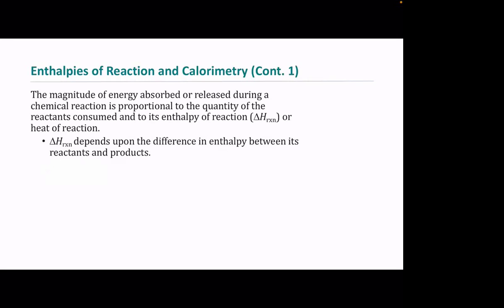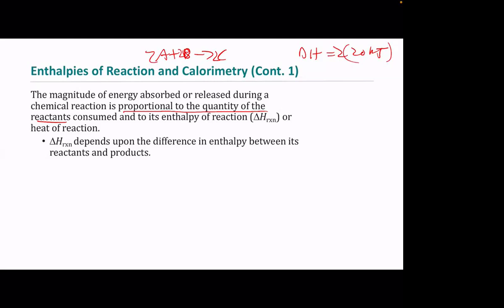The magnitude of energy absorbed or released during a chemical reaction is proportional to the quantity of the reactants. I mentioned this at the very beginning of today's lecture. If I have a reaction A plus B going to C, and I have an enthalpy value equal to 20 kilojoules, and then I take that reaction and multiply it by 2, and I wind up with 2A, 2B, 2C, well, you better multiply this by 2 also, because the heat's going to be double. That shouldn't be surprising to you at all.